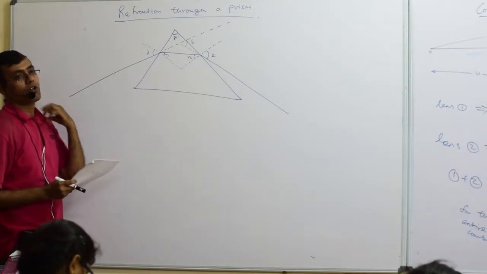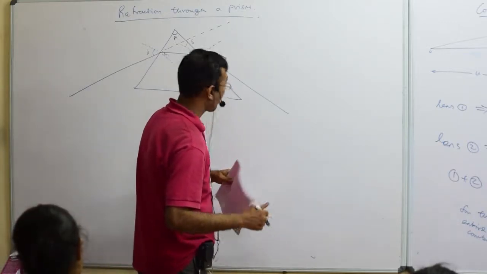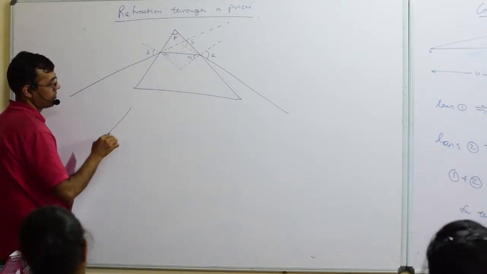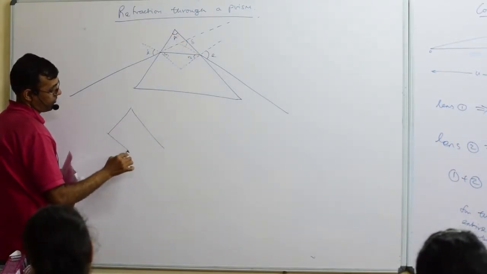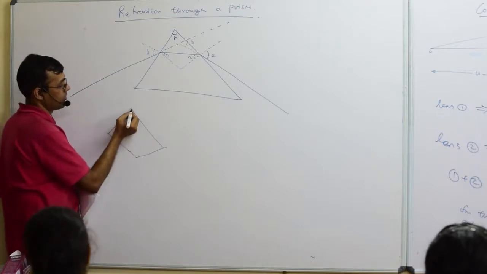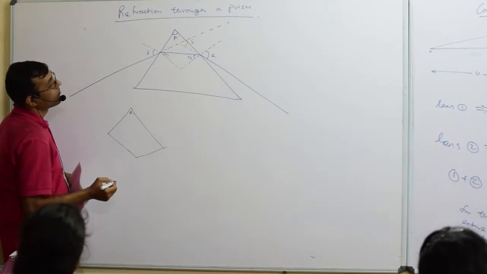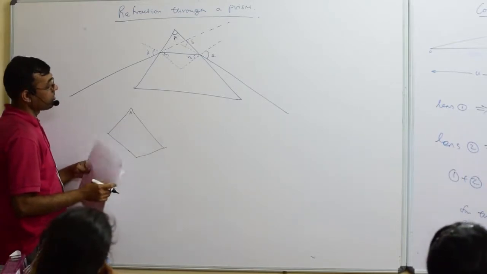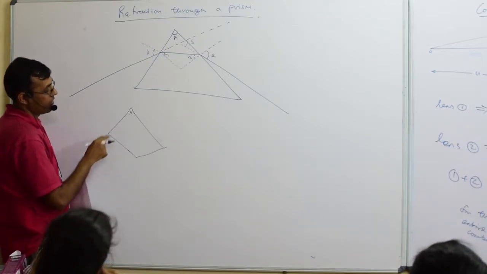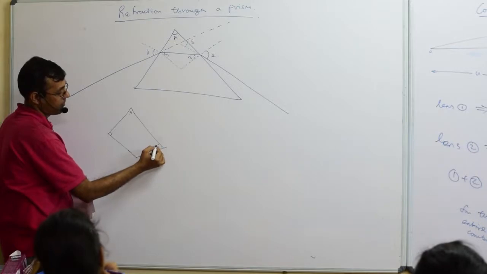So as usual, it's all trigonometry, right? If you know trigonometry, you can derive this. So look at this quadrilateral here. If I see, this is my A. So what can you say about this angle here? This is a surface, this is a normal, so that means this must be a 90-degree right angle.